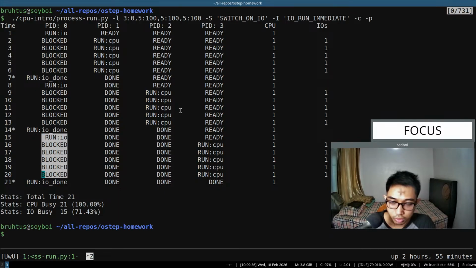Where the input-output is being blocked, I think, something like that.